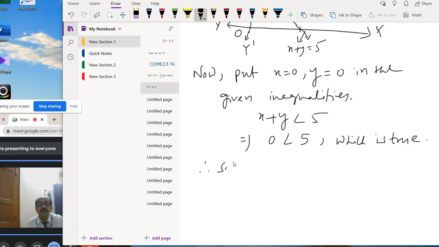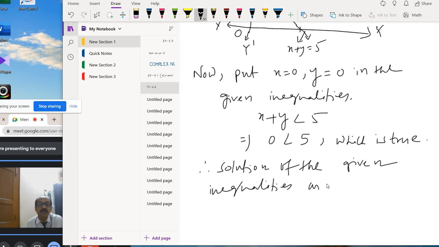Therefore the solution of the given inequalities are towards the origin.